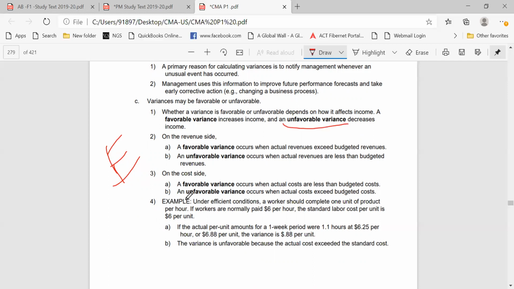If it is less than that, then it's a favorable variance. I hope you guys are getting it. On the revenue side, if your actual revenues are exceeding your budgeted, then it is a favorable variance. And if it is going the other way around, then it is an unfavorable variance. I hope you guys are getting this.